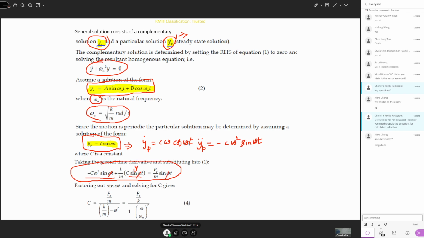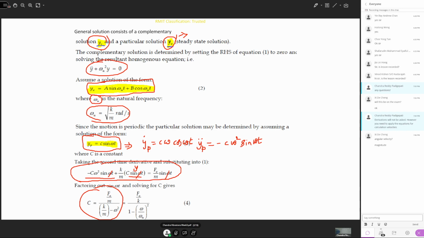Then we write c as f naught over m. You can take k by m minus c omega square as the factor. So c becomes f naught over m over k by m minus omega square. So this is just simplifying from here.